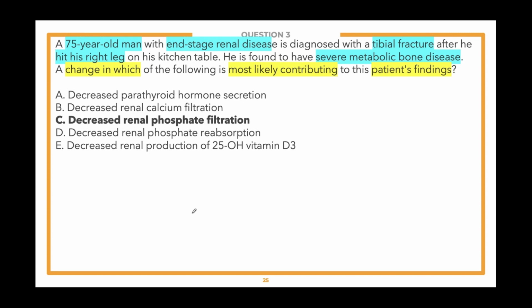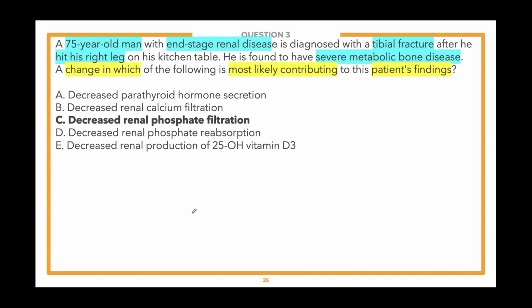Now the other answer choices, in case you selected them: answer choice E is a little bit of a trick question. End-stage renal disease decreases renal production of 1,25 vitamin D3, not just 25 vitamin D3. That is made in the liver.